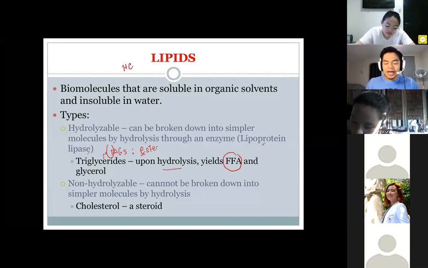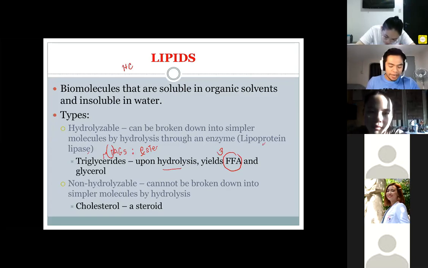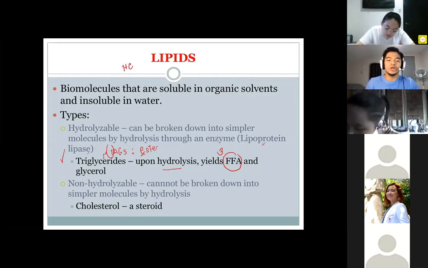Question, kapag na-hydrolyze ang triglycerides, how many free fatty acids are extracted? Yes, that's right. So 3, kaya nga triacyl kasi tatlong acyl, tatlong carboxylic acids ang nakukuha. Very good. Okay? So tandaan nyo to, magagamit natin siya sa pharmacology mamaya. Pharmacology of drugs.